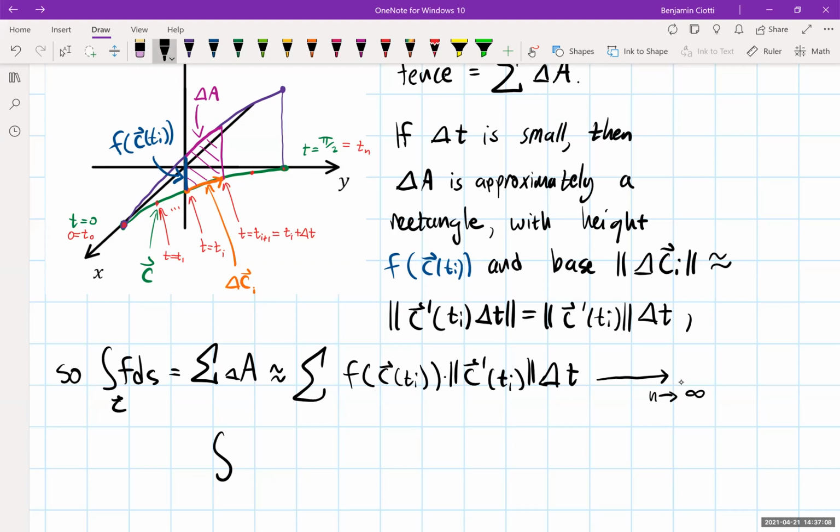In this case, from 0 to pi over 2 of f of c of t times c prime of t delta t. So that's the proof of where the path integral formula came from. And I brushed over this inequality or approximation pretty quickly.